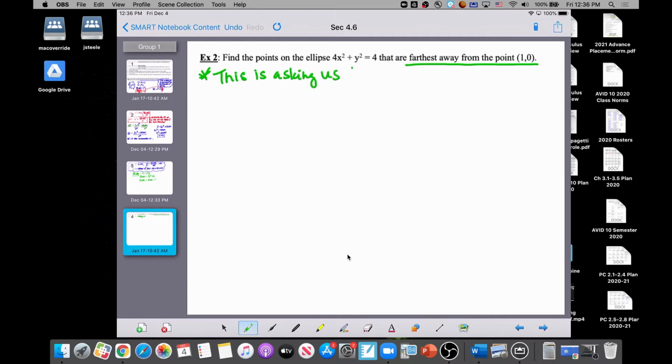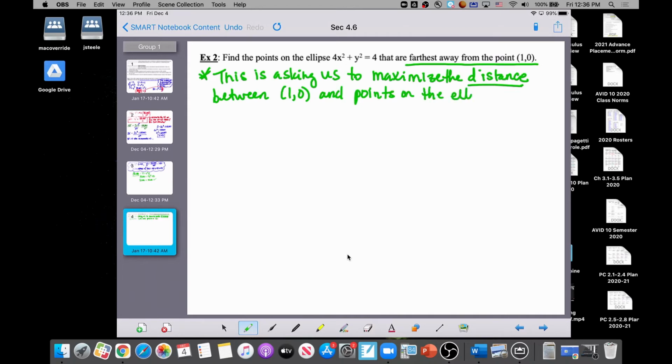This is asking us to maximize the distance between 1, 0 and points on the ellipse. So what formula do we know that deals with distance? Well, how about the distance formula? So we should use the distance formula.